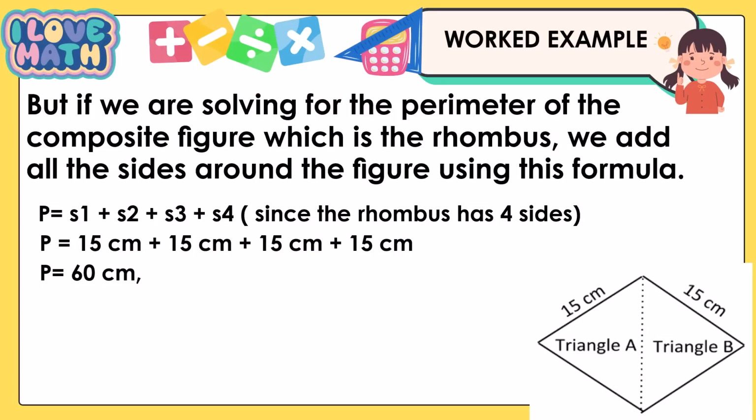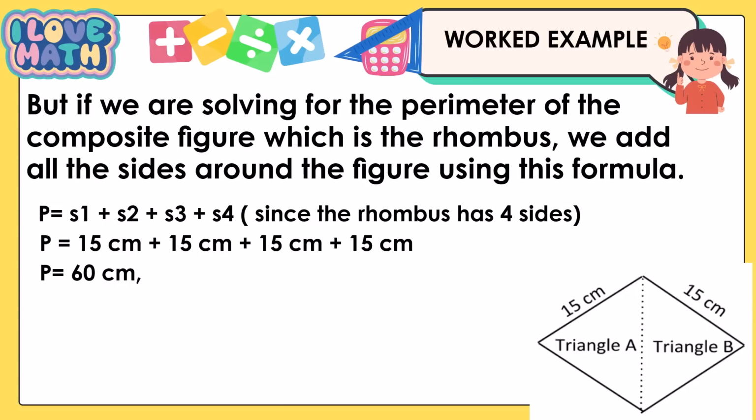But if we are solving for the perimeter of the composite figure, which is the rhombus, we add all the sides around the figure using this formula. P equals S1 plus S2 plus S3 plus S4, since the rhombus has 4 sides.